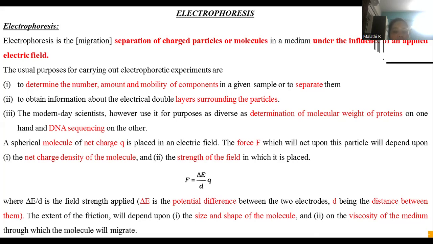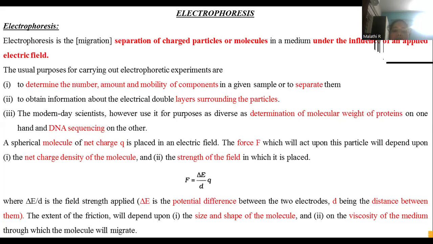So the basic principle behind electrophoresis is that a spherical molecule, or any shaped molecule, if it possesses a net charge Q and is placed in an electric field, will have a force F acting upon it that depends upon the net charge density of the molecule and the strength of the field in which it is placed.